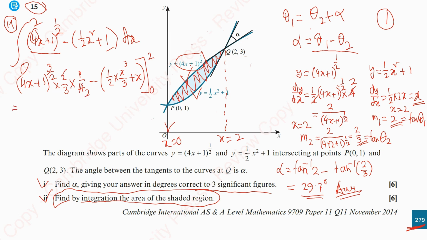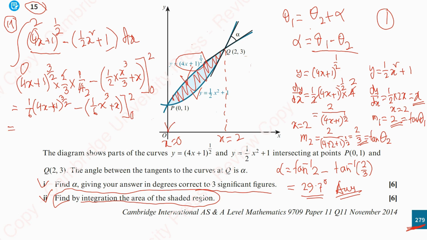It gives us 1 by 6 times (4x plus 1) to the power 3 by 2, and the last part we can also write directly as 1 by 6 x to the power 3 plus x. We have to put our value 2 here and 0 here.